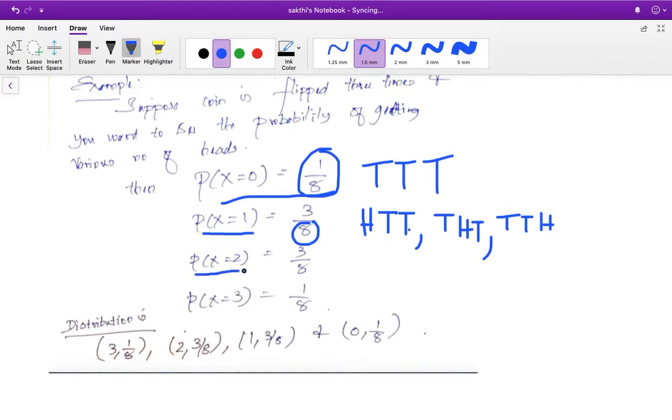And now likewise, what is the probability of getting 2 heads? You can also enumerate that. It can be HHT, or it can be THH, or it can be HTH.